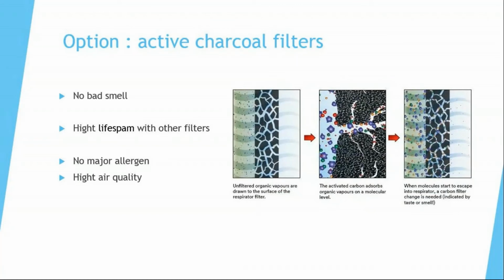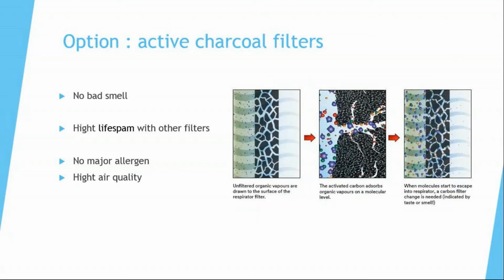Another option that you could put on your working tables and your Downdraft table, which is a difference from other systems, is the possibility to add active charcoal filters. This kind of filter is the last one. It allows you to have no bad smell in the working area.